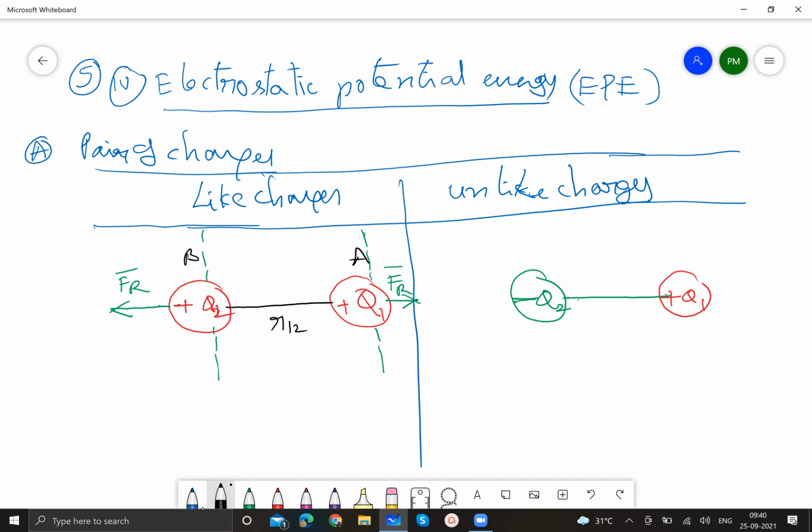So this is a position vector, and the electrostatic attractive force will be pulling this negative charge towards it. Initially, they are at a distance r12.